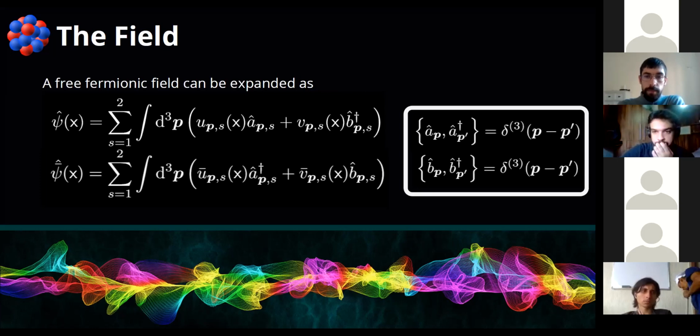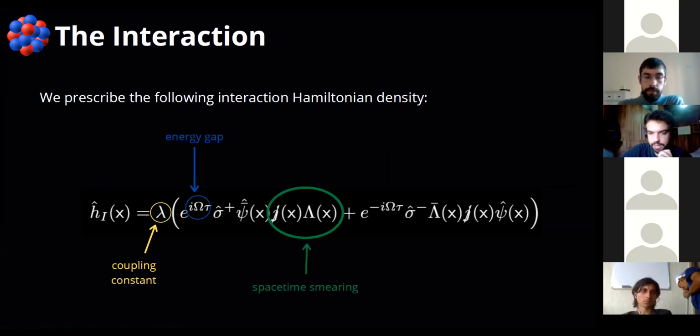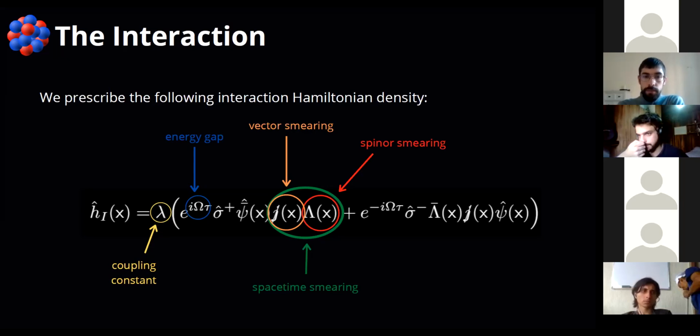And then the particle detector model will interact with this field. Here we have, again, the coupling constant, energy gap, and the space-time smearing. And I put this slide here essentially to say how this space-time smearing is complicated, in the sense that, in principle, it depends both on a vector smearing, on a vector field to smear the hadronic current, essentially, if you think of the beta decay model. And it also depends on a spinor smearing.